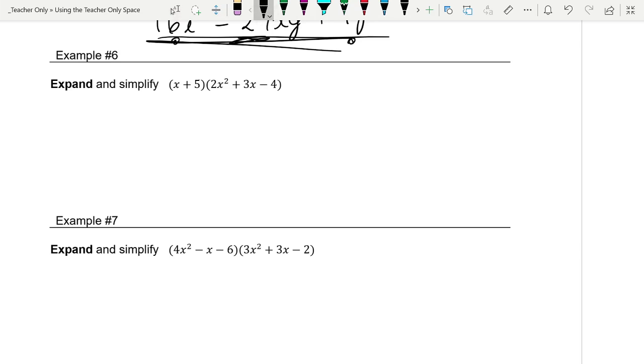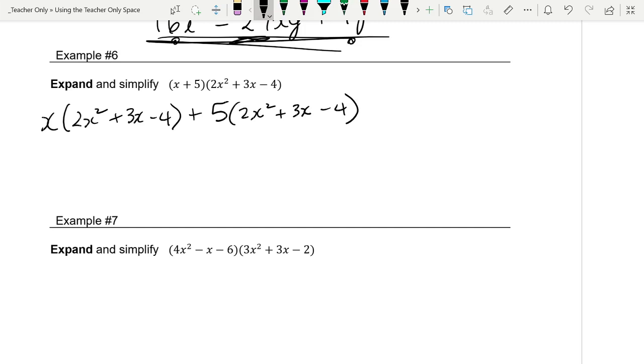I am going to go back to x times 2x squared plus 3x minus 4 plus 5 times 2x squared plus 3x minus 4. So I'm basically distributive propertying both numbers. And then I'm going to collect my like terms once I'm done multiplying.